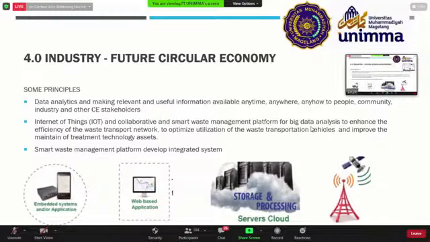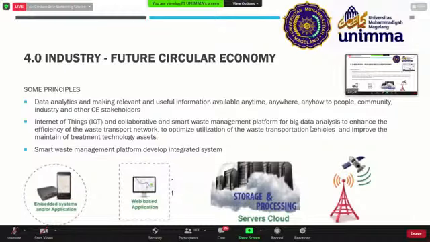So the data is different from department to department, from one bank to the other bank. So no integration. So by using the cyber secure system in this 4.0 industry, Internet of Things, everything is about Internet, and we make a collaborative and smart waste management platform for big data analysis, we can actually enhance the efficiency of the waste transport network, the optimized utilization of the waste transportation vehicle, and maintain the treatment technology asset.